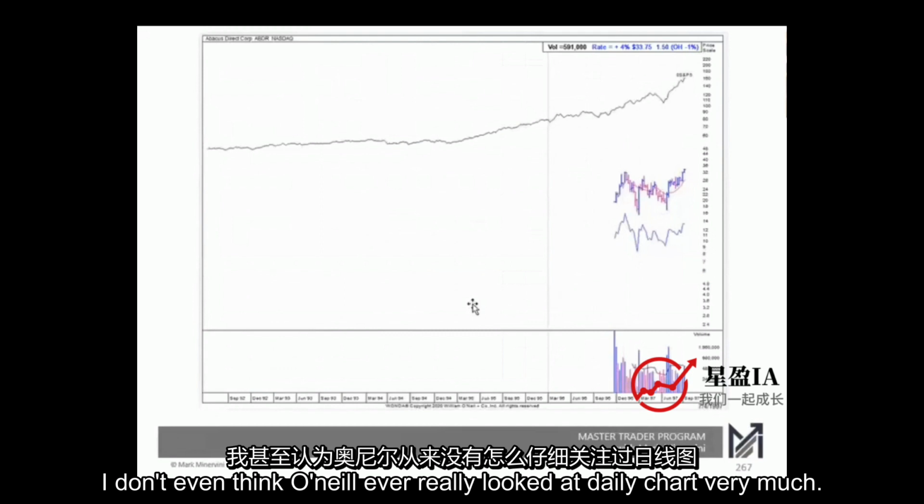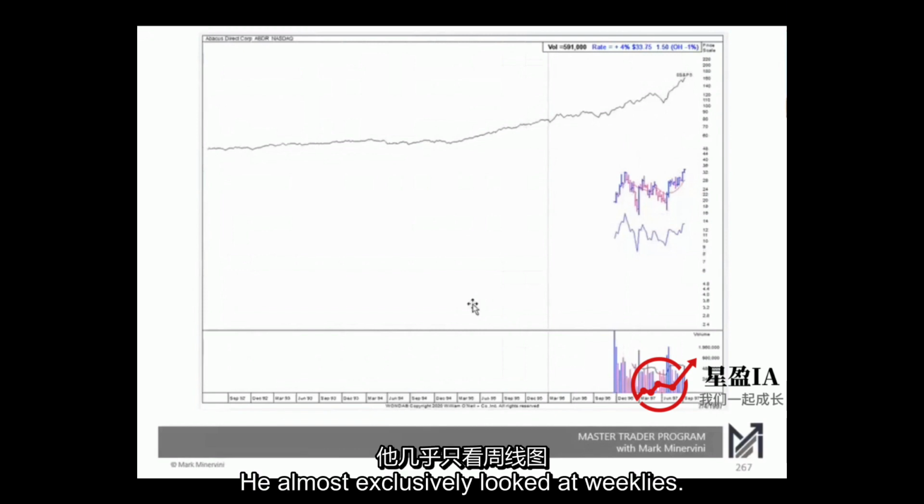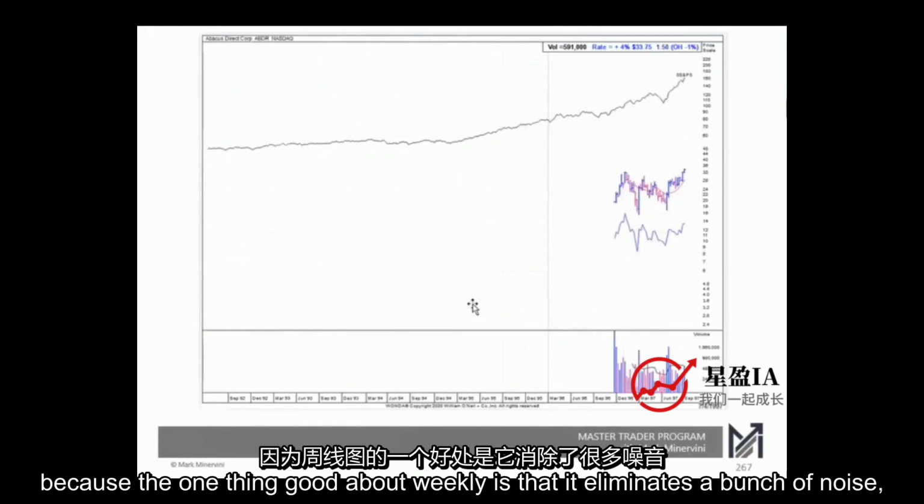So I don't even think O'Neill ever really looked at daily charts very much, right, Dave? Yeah. No, he almost exclusively looked at weeklies. I had to show him dailies to show him how they were setting up, because the one thing good about weeklies is that it eliminates a bunch of noise.